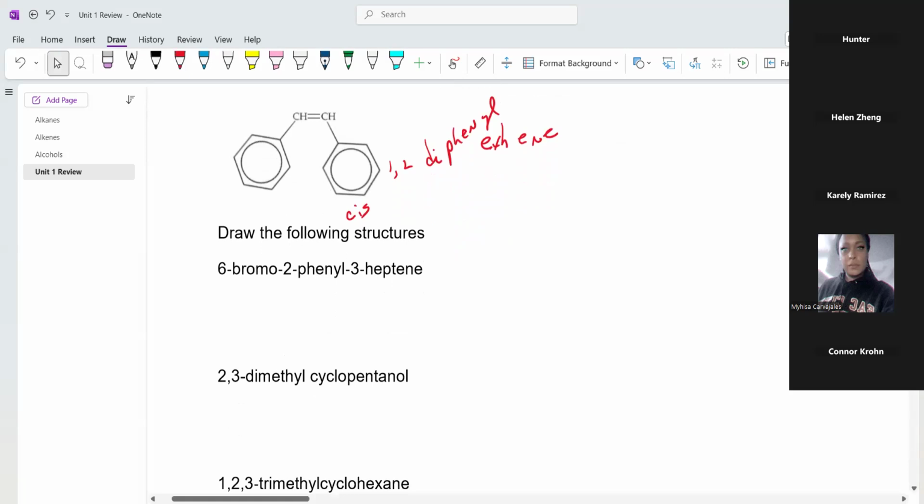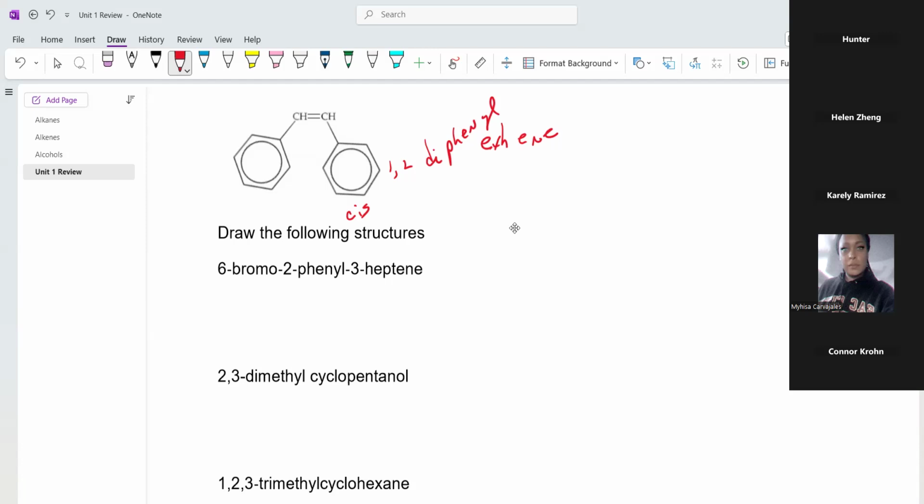Okay, so we have... Actually, about that, wouldn't a phenol have an OH instead of the CH it's connected to? Like, instead of a benzene ring, a phenol, isn't that OH?